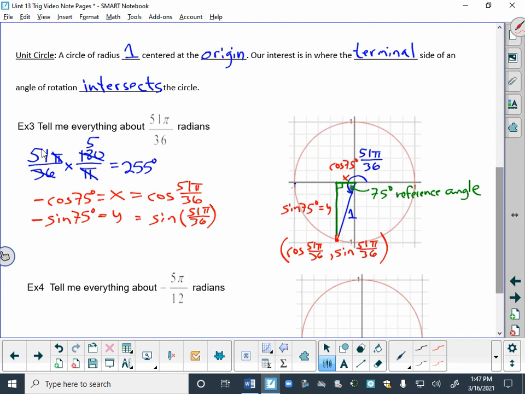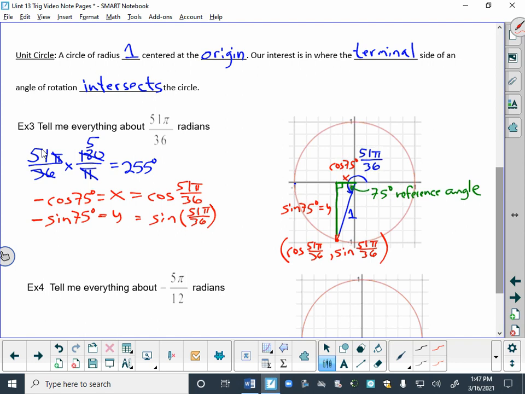And I expect them, because this angle is in the third quadrant when the terminal side intersects the circle, those should both come out to be negative numbers if I put my calculator into radian mode. So I'm going to go mode and radians on here, and I'm going to check this.